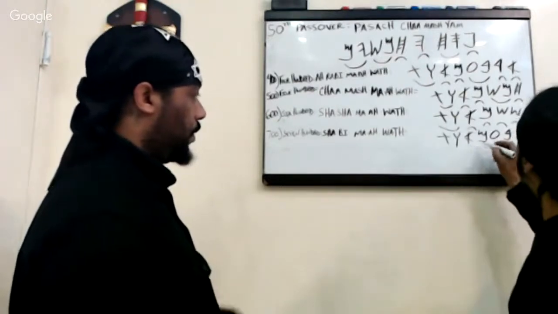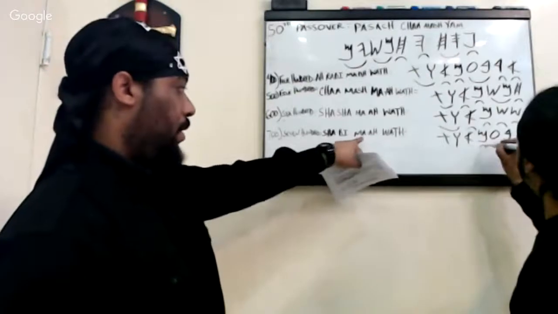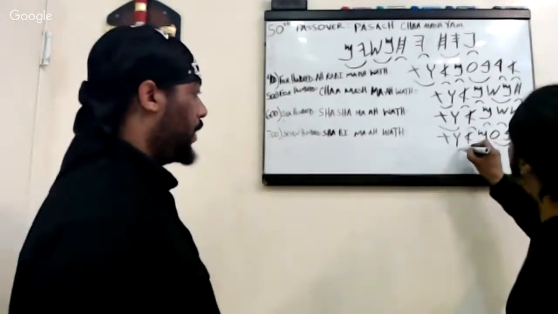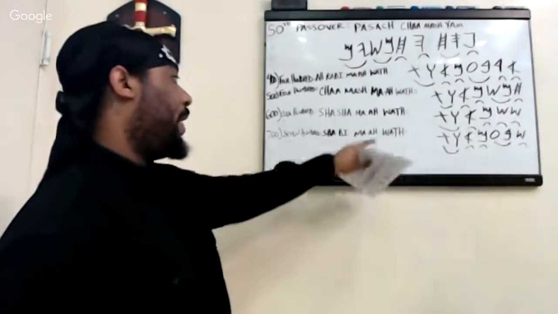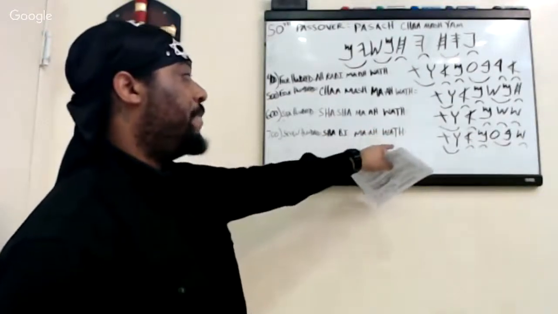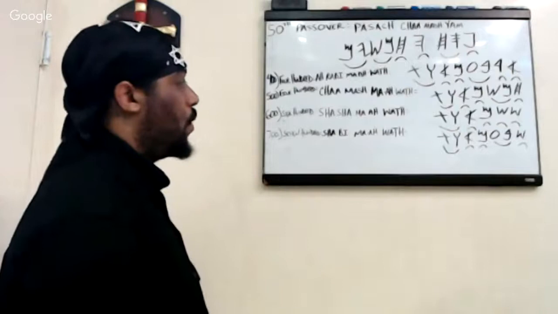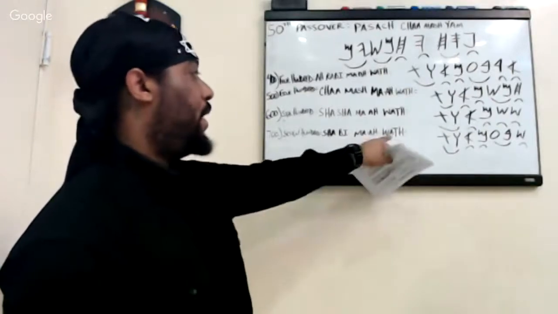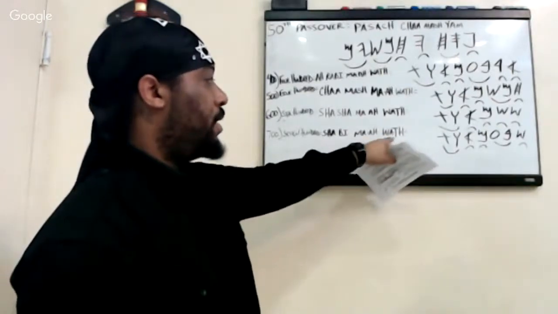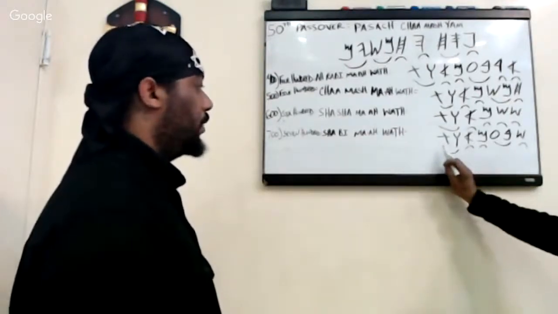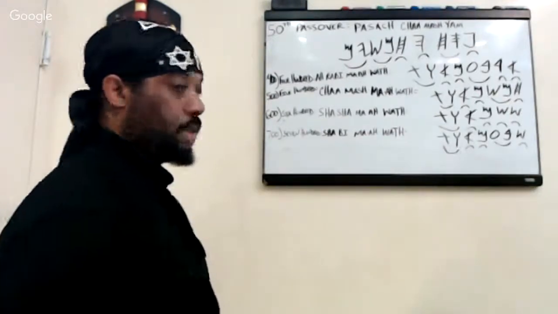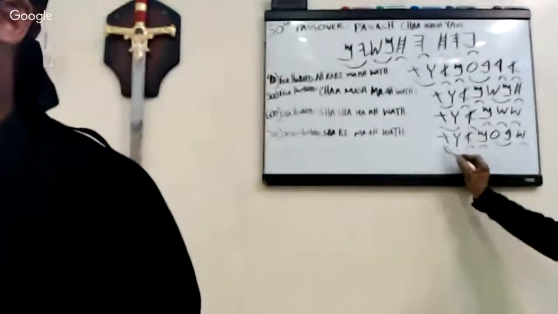Ma. Ma. Right. Ba. Okay. Wa. So we're connecting a wa and a tha to make what sound? Wa.